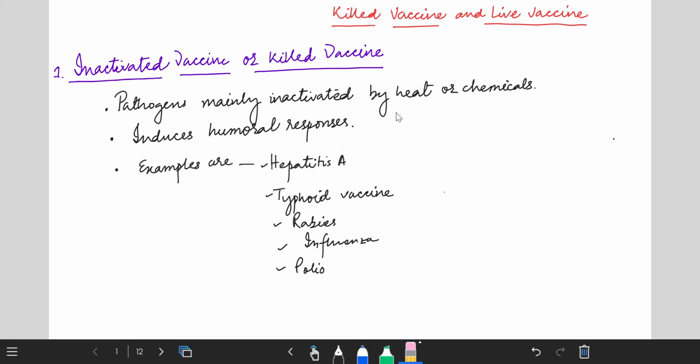So obviously they need several doses over time, which are booster shots, to get ongoing immunity against that kind of disease. It produces humoral responses, and the examples are hepatitis A, typhoid vaccine, which is mainly given by intramuscular route, rabies vaccine, influenza vaccine, and polio.